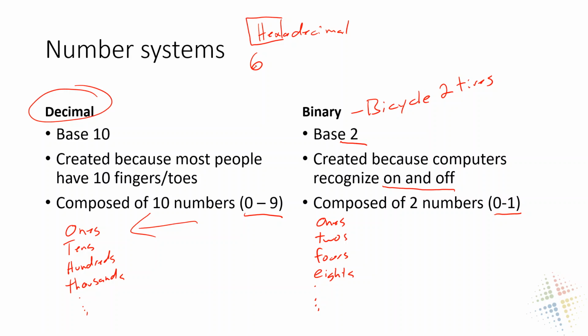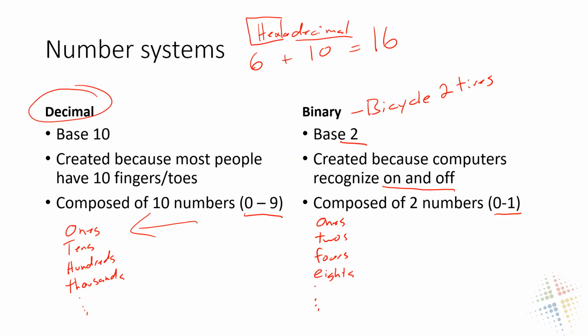Hopefully a stop sign is 6 sides, not 8. So 6, and then we have decimal, which is 10. So 6 plus 10 equals 16. So hexadecimal is actually base 16.